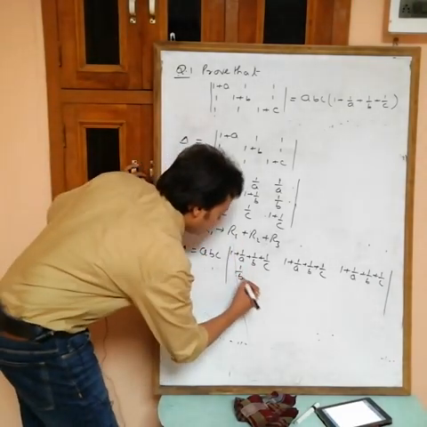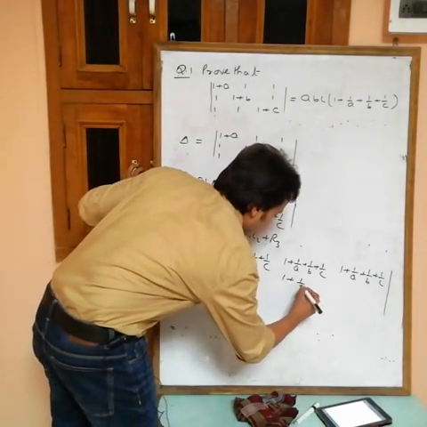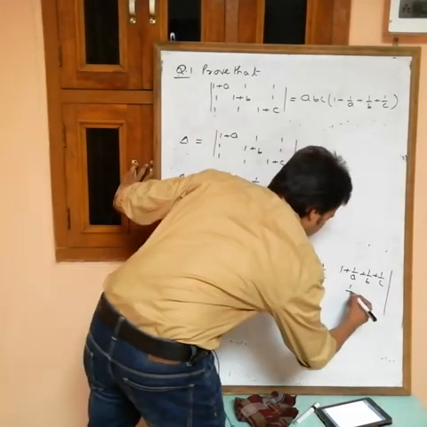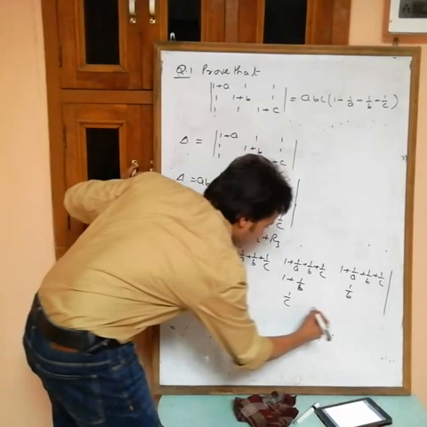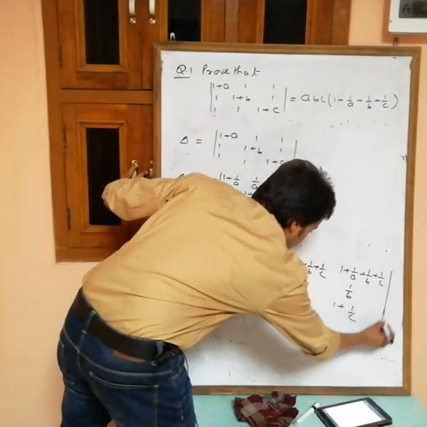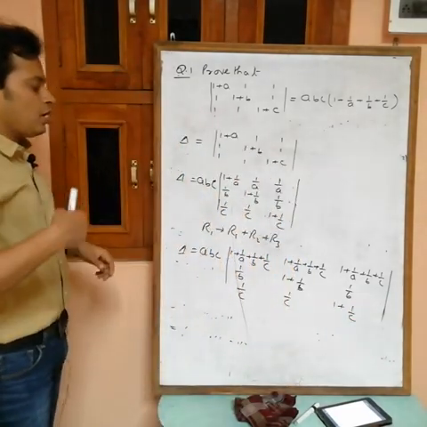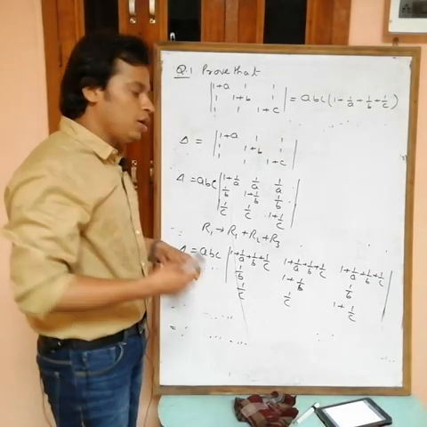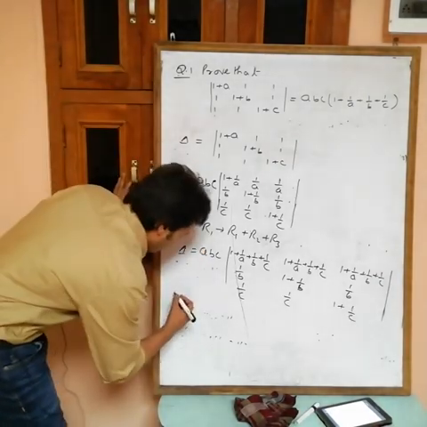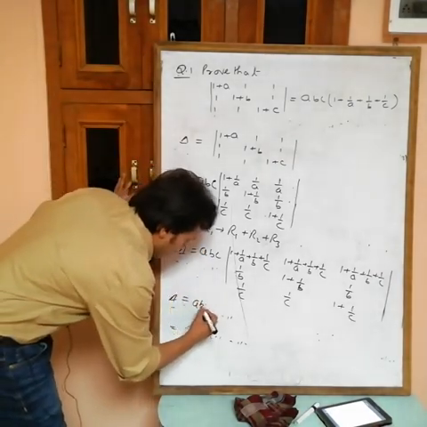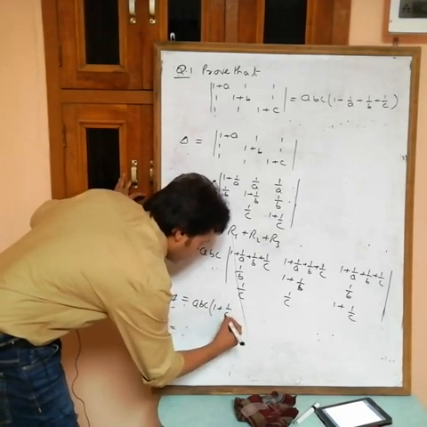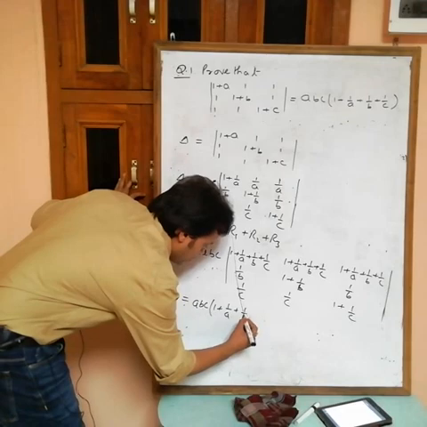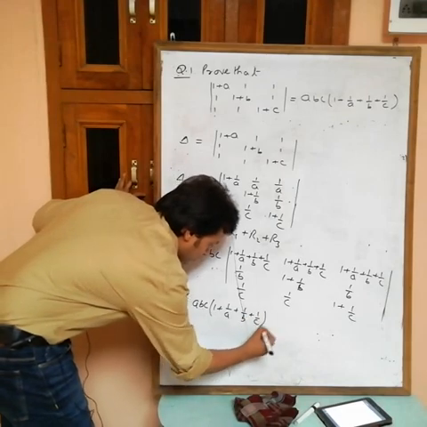So 1 by b, 1 plus 1 by b and 1 by c, 1 by c, 1 plus 1 by c. Now from R1 I can take common 1 plus 1 by a plus 1 by b plus 1 by c. So del is equal to ABC into 1 plus 1 by a plus 1 by b plus 1 by c.